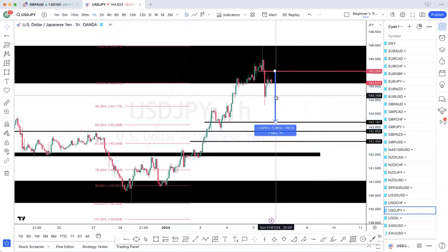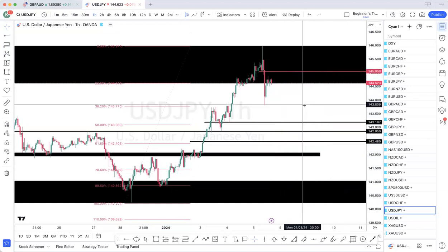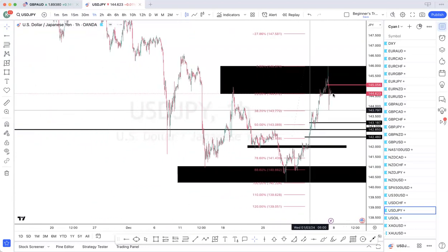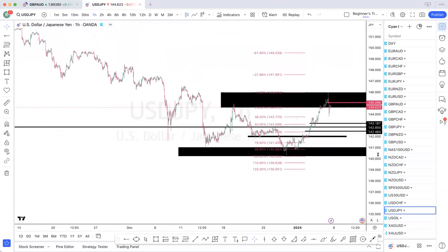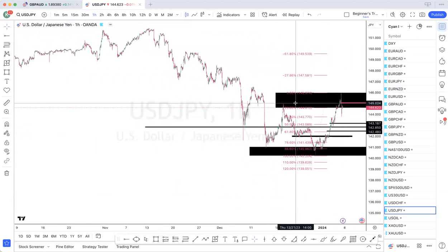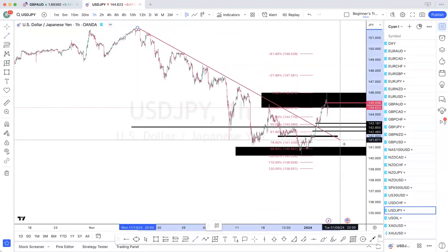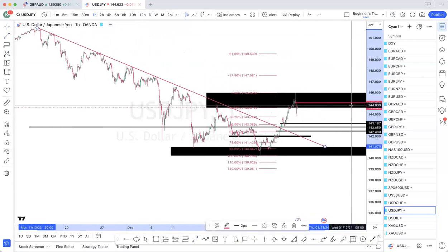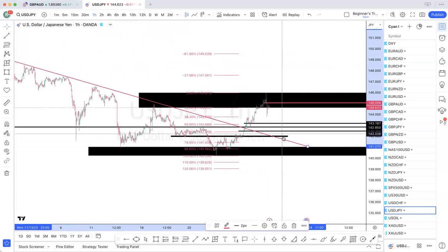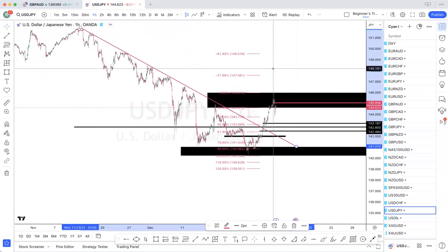So yeah, come next week, I would definitely be looking for the pullback for the continuation to the top side. So yeah, it can come all the way back down here, somewhere up in here.